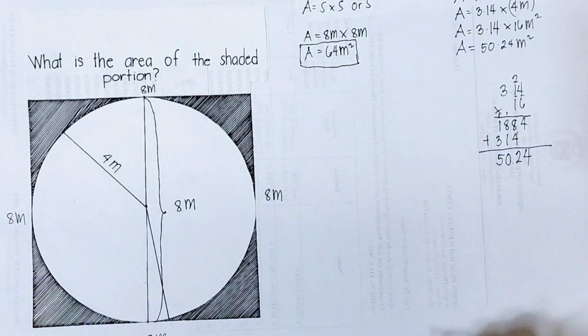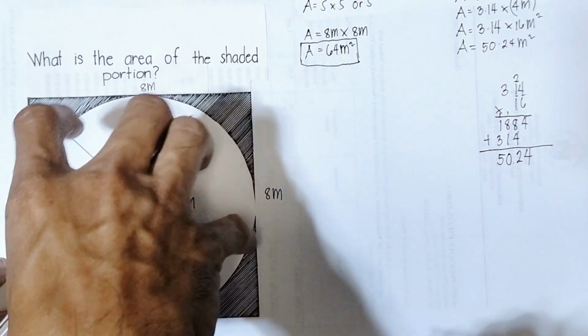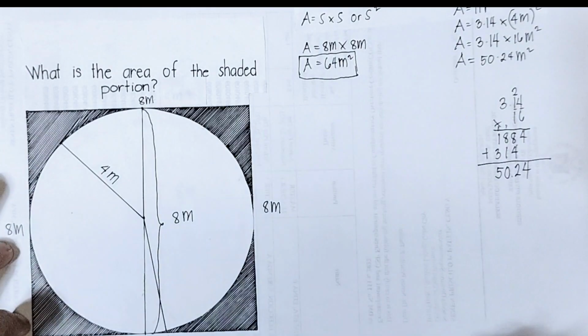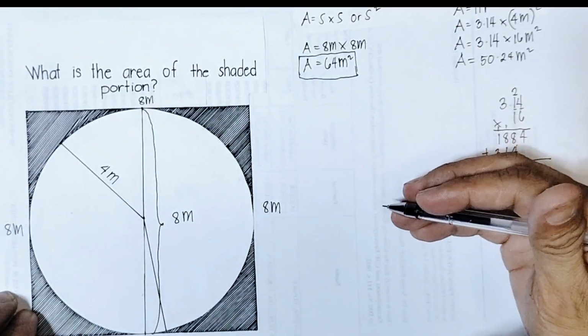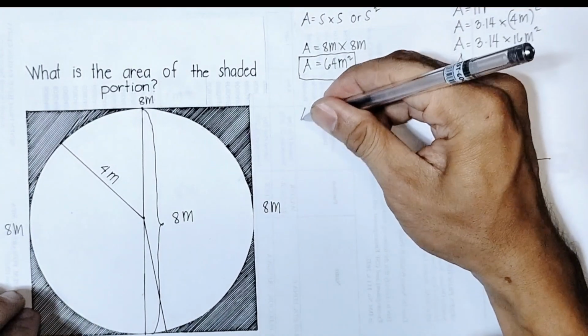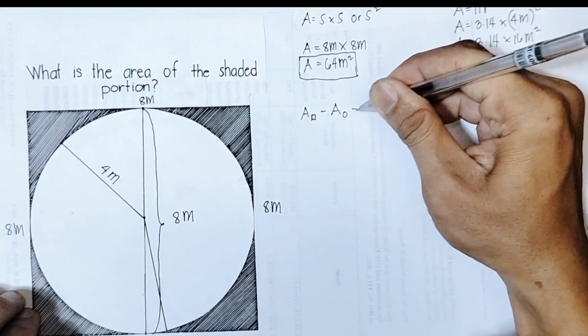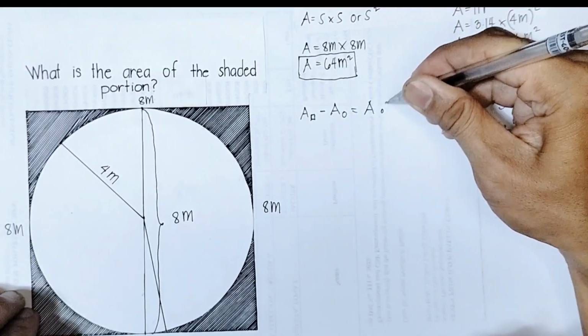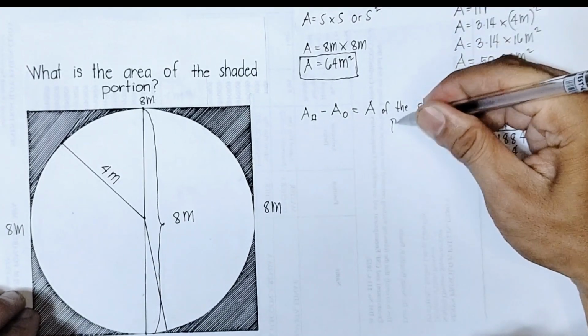Now the areas of the two shapes are complete. This time we have to find the area of the shaded part. Now let's try to imagine that we're gonna take this circle out from this square. So that means we have to subtract the area of the circle from the area of the square. So the area of the square minus the area of the circle is equal to the area of the shaded part.